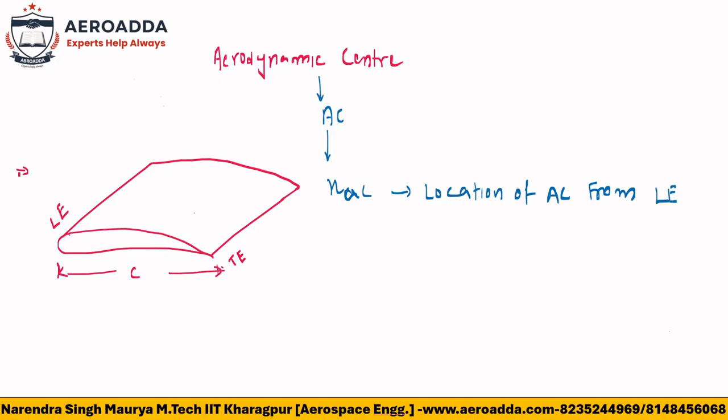We suppose the flow is coming from this side. This length is called the span length. This side is called the root, because this section is connected with the fuselage, and this one is called the tip. These are the names you need to remember.